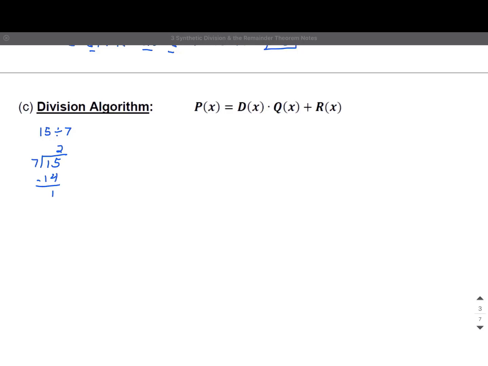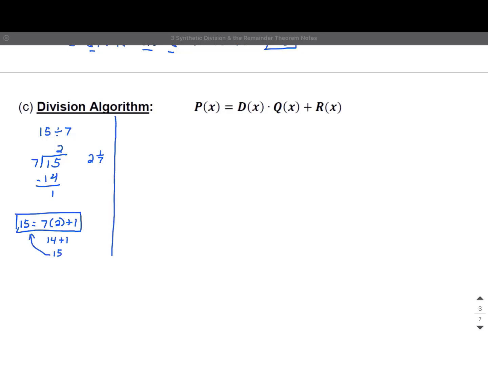So we know that the answer to the division is 2 and 1/7. Now according to the division algorithm, 15 would equal the divisor 7 times the quotient 2 plus the remainder 1. This is what the division algorithm says. And it's true, right? Because 7 times 2 is 14 plus 1. That is indeed the 15.